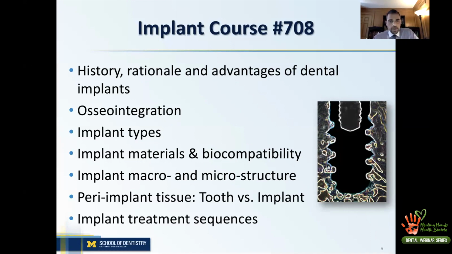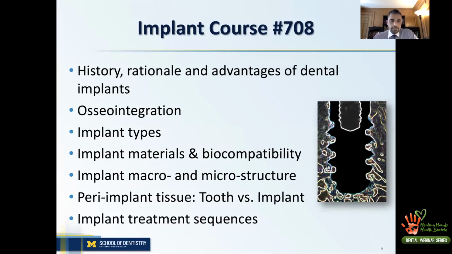We define what osseointegration is. We go through a brief explanation of other types of implants: the endosseous implants, the subperiosteal implants, the transosteal implants, and so on. We show them this just to give them an idea of how implants have developed, and we reach what is more commonly used nowadays, which is the root form endosseous implant, the screw type endosseous implant.